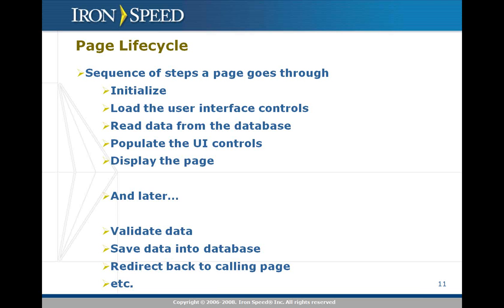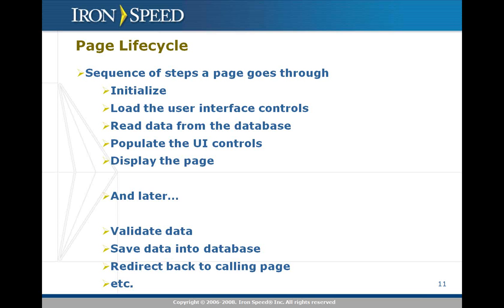What are some of the steps it goes through? It goes through initialization, and loads all of the user interface controls that you might have. If that particular page is hooked up to the database, it reads the data from the database, and then it populates the user interface controls. So let's say you're reading a customer record, you read that record, and then you've got a first name field. Now you need to populate that first name field from the database.